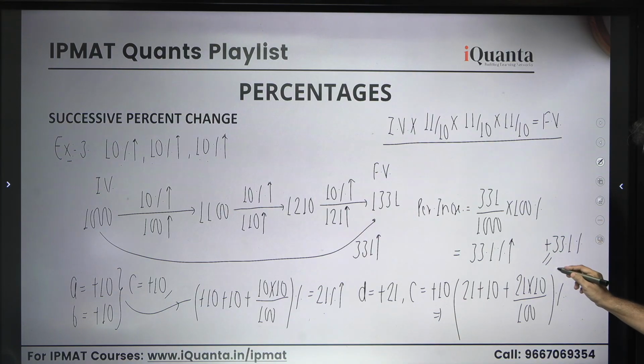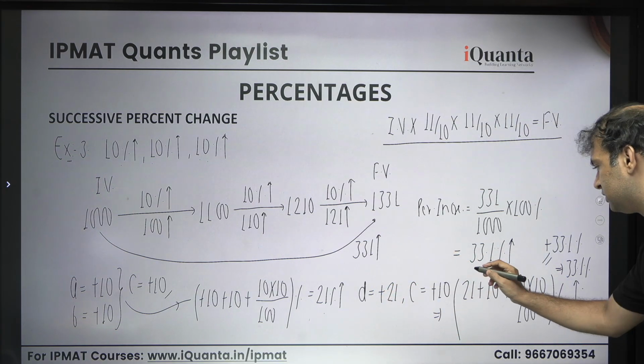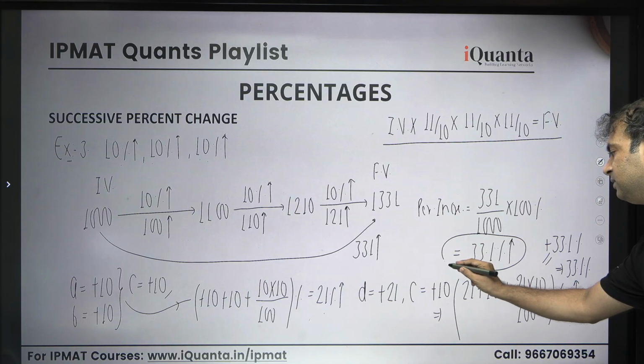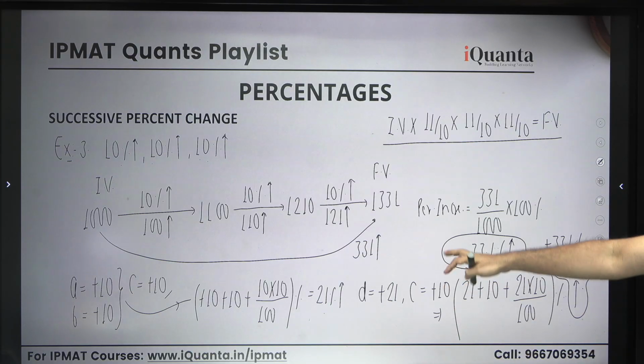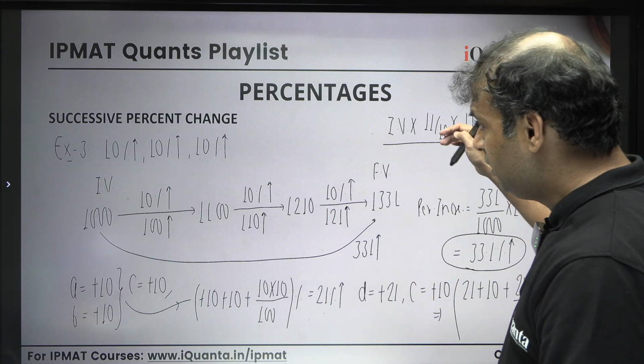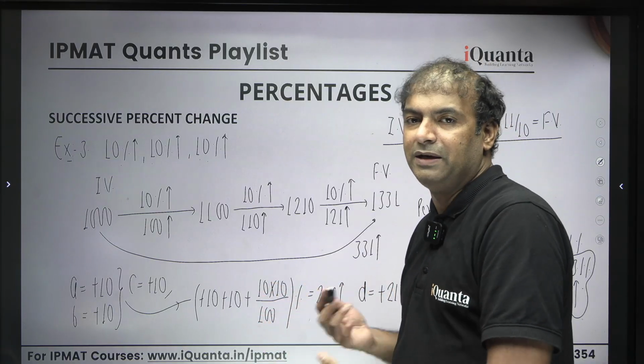That means overall it is increasing by 33.1%. Whatever we had done previously, that time also we were getting the same result, that overall it is increasing by 33.1%, and here also we're getting the same. So you can see that we can use the formula in 3 changes as well, but we have to use this formula multiple times.